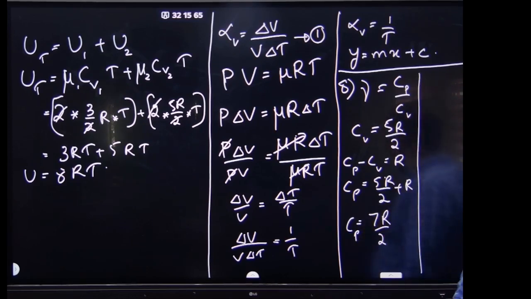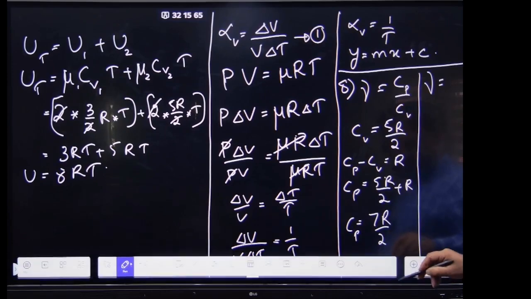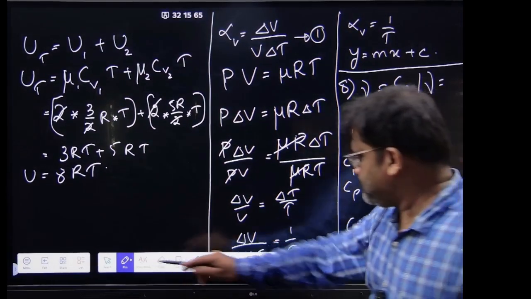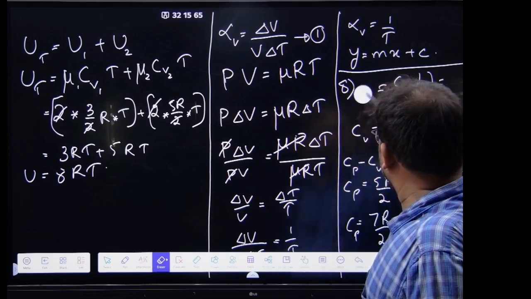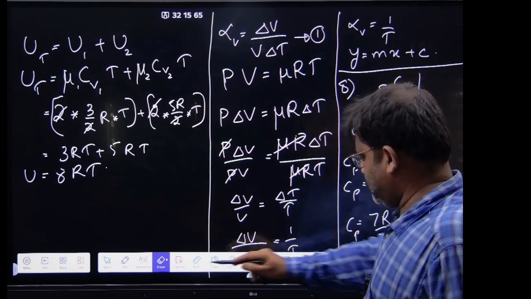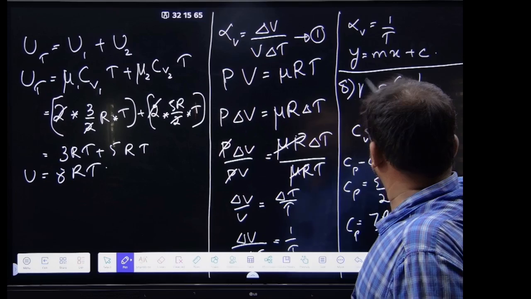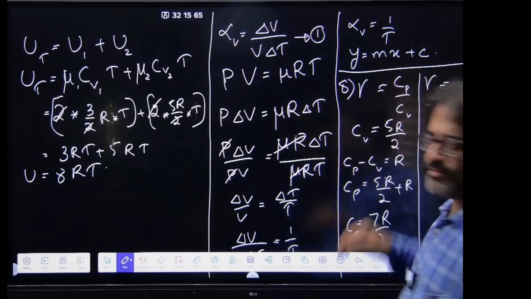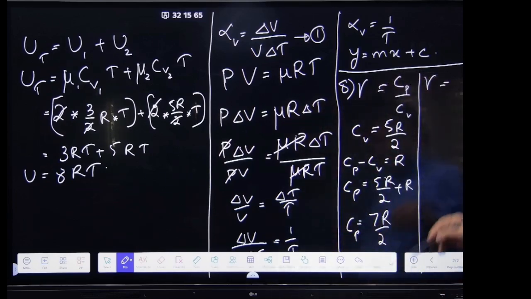Correct? Any problems on that? Now what is gamma equal to? Gamma is equal to Cp, which is nothing but 7R by 2, whole divided by Cv, which is nothing but 5R divided by 2.